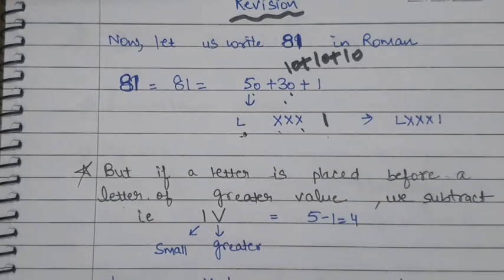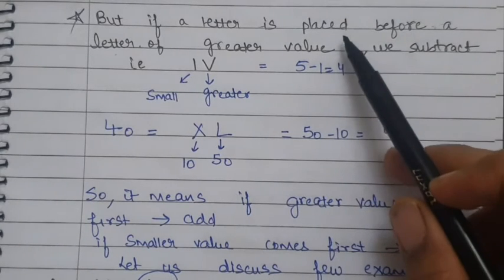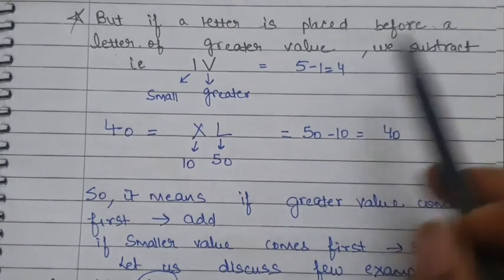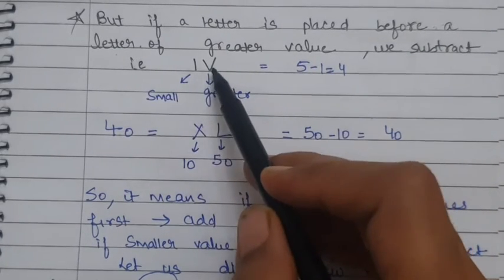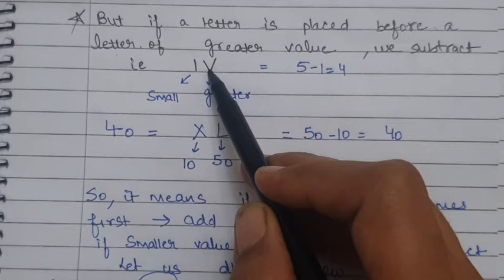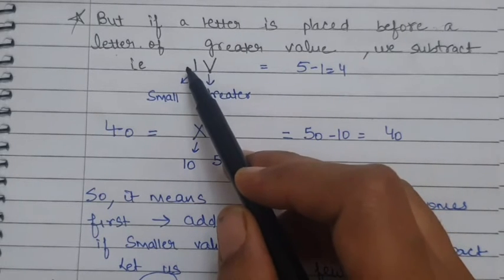Now let us discuss the second one. If a letter is placed before a letter having greater value, earlier we discussed the letter having greater value was written in first position.